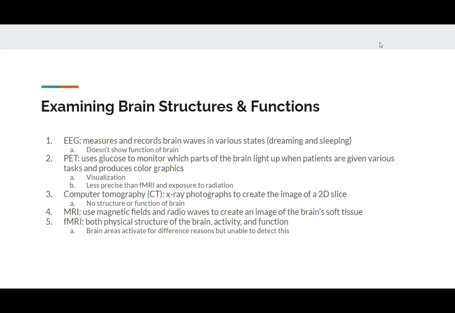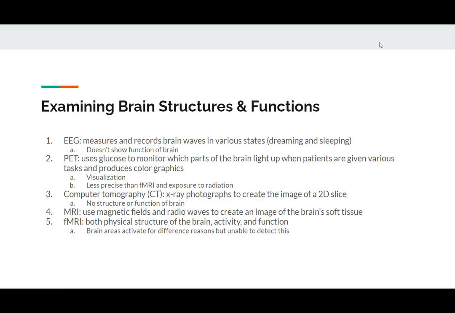This is because when a neuron is active, blood flow is increased and more glucose and oxygen is brought into the brain. When using PET, radioactively tagged glucose is injected into the bloodstream, and this is detected through a PET scanner. It then shows where the glucose is going, and when.